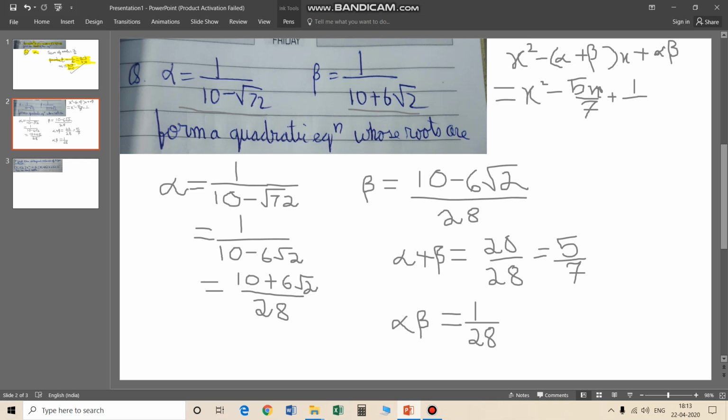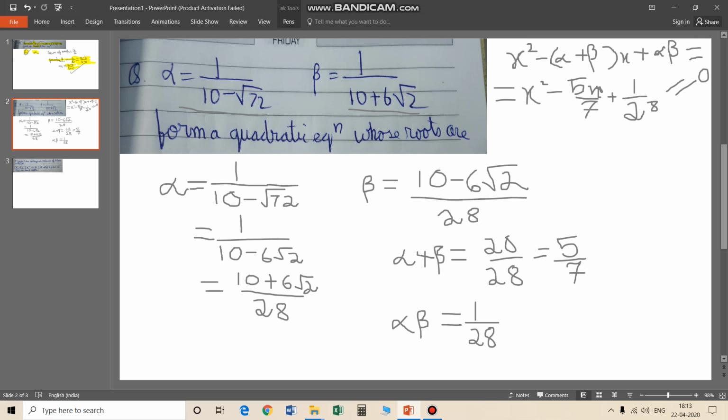We can give that as the polynomial, or else you can get the equation with 28 here, equal to 0, and this is the final answer.